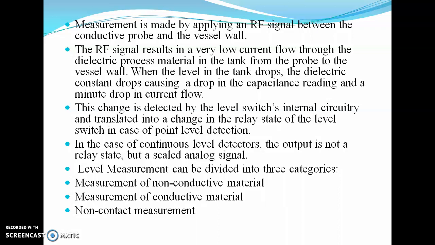Measurement is made by applying an RF signal between the conductive probe and the vessel wall. The RF signal results in a very low current flow through the dielectric process material in the tank, from the probe to the vessel wall. Now, when the level in the tank drops, the dielectric constant drops, causing a drop in the capacitance reading and a minute drop in current flow.